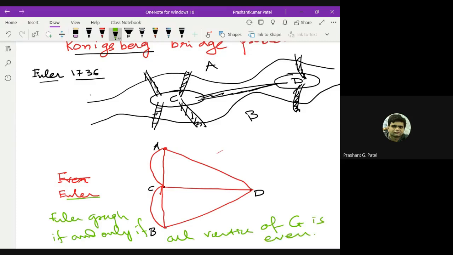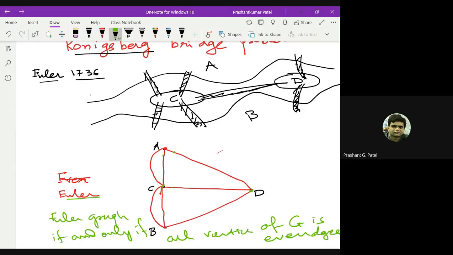Now, what do you mean by even degree? Degree means the number of edges connected to a vertex. The degree of this A is 1, 2 and 3. The degree of this vertex is 1, 2, 3, 4, 5. Likewise, the degree of this one is 1, 2, 3 and degree of B is 1, 2, 3.